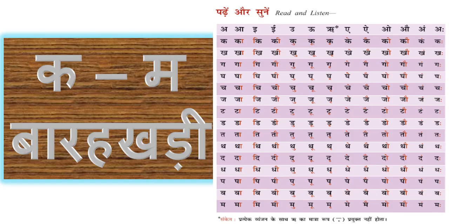This is k to m Barahkhadi. The concept of making this video is to explain k to m are consonants and they remain constant when the diacritic of the swar or the vowel, the secondary form of the vowel, is placed on these consonants.